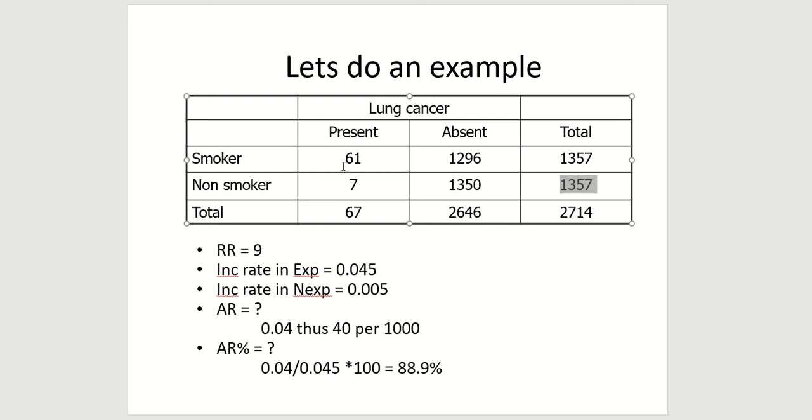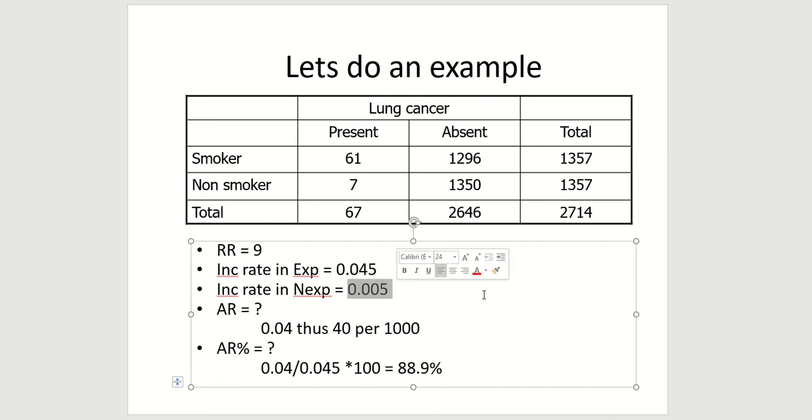These are the incidents in the exposed, the incidents in the not exposed. You calculate the risk in the exposed. It comes out to be equal to 0.045, meaning 45 per thousand. In the not exposed, it comes out to be equal to 0.005, meaning 5 per thousand. The relative risk is 9, obviously. So the risk of lung cancers is 9 times greater in the smoker than in non-smokers.